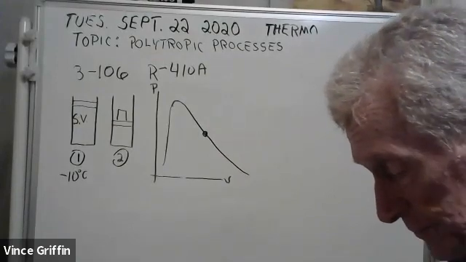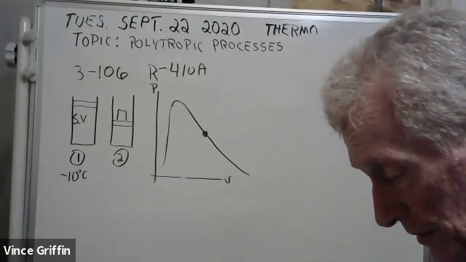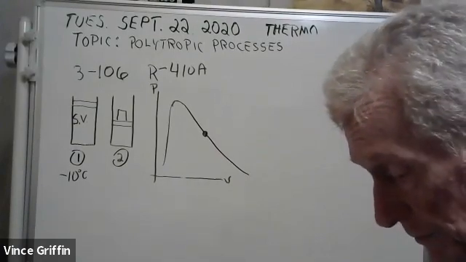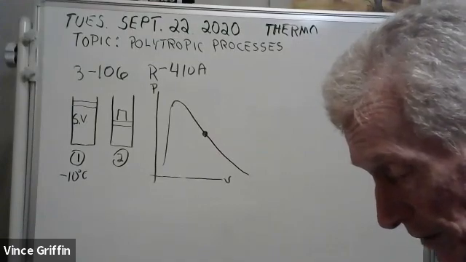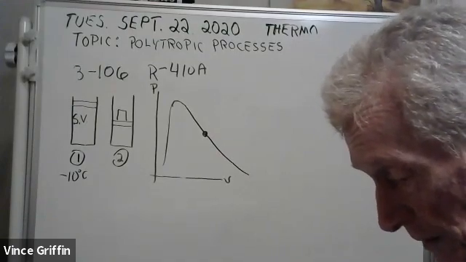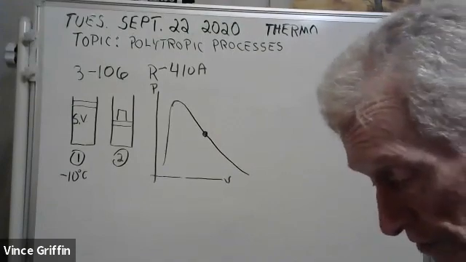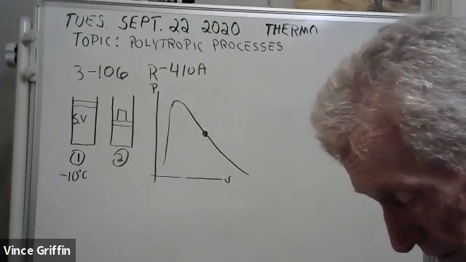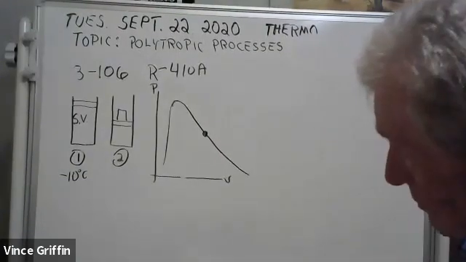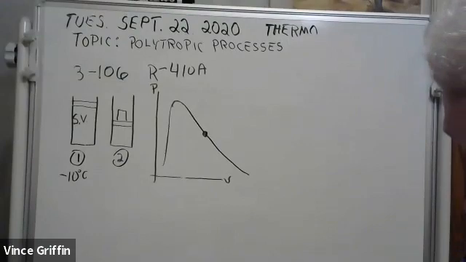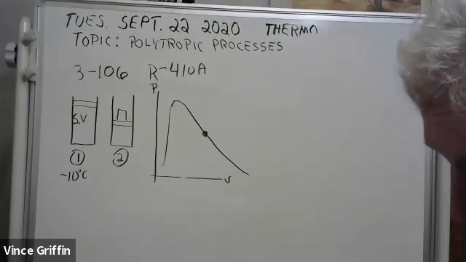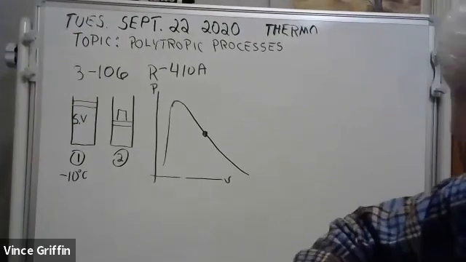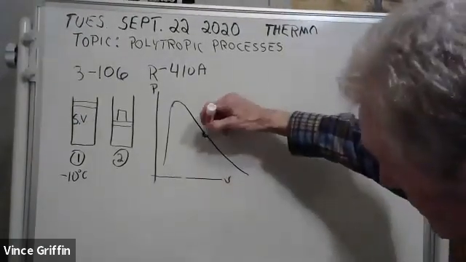Go back to the back and find the R410A table. Yeah, I found it. And I told you guys, you always go to the vapor dome table first, and you'll discover that -10's right in the middle of the table. So let me draw my isotherm there. And you know how they go like this.